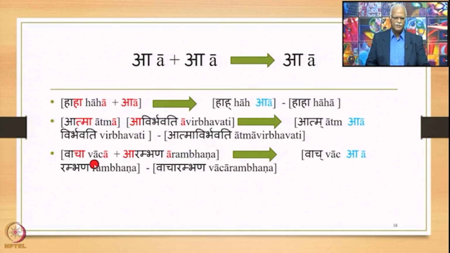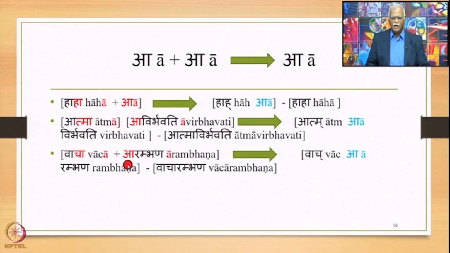Then we have A plus A within a compound. So Vacha and Arambhana. Vacha has A at the end, and Arambhana has A at the beginning.